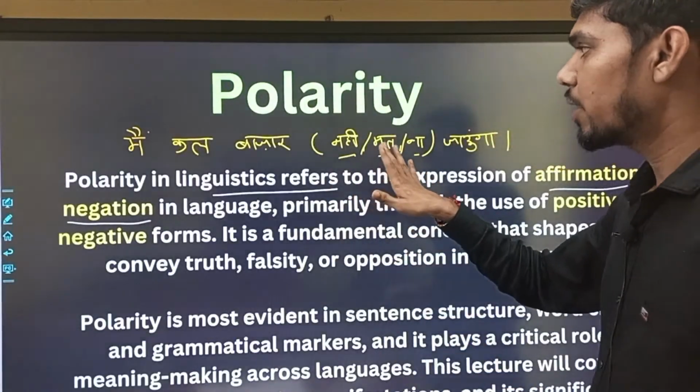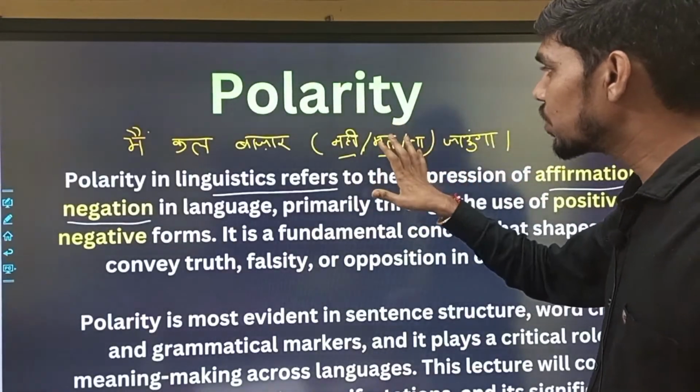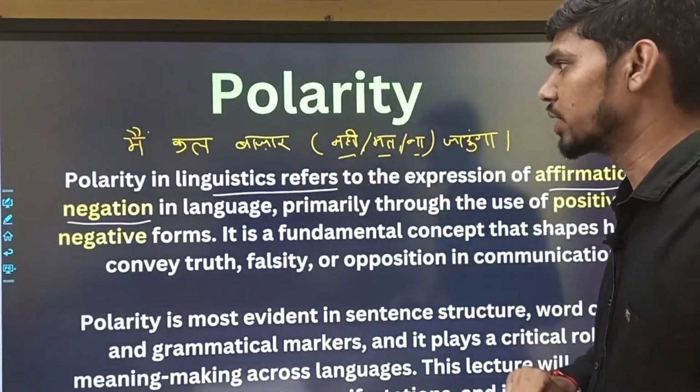These three words are negation or negative words, and these words make this sentence a negative sentence, right?